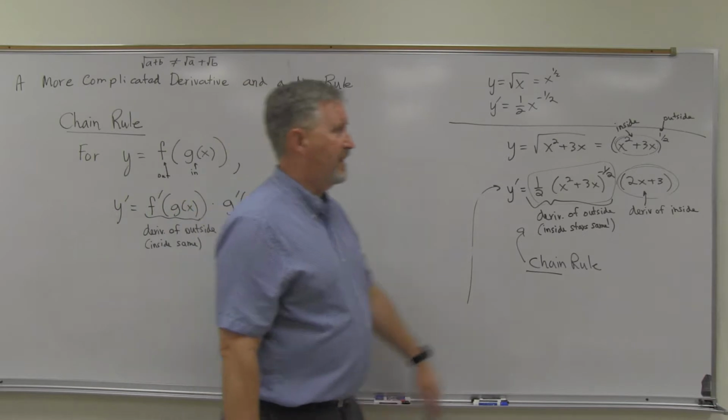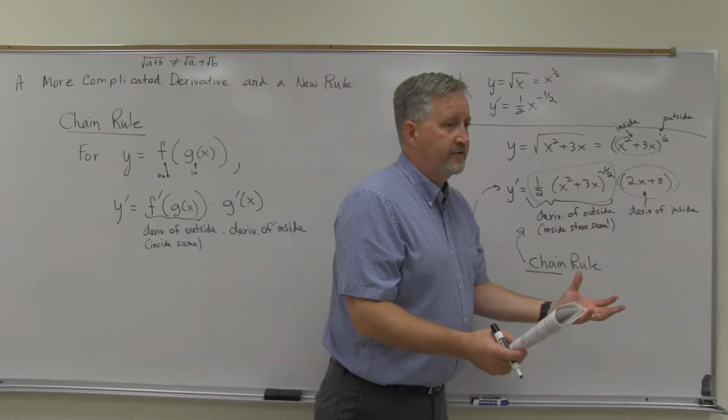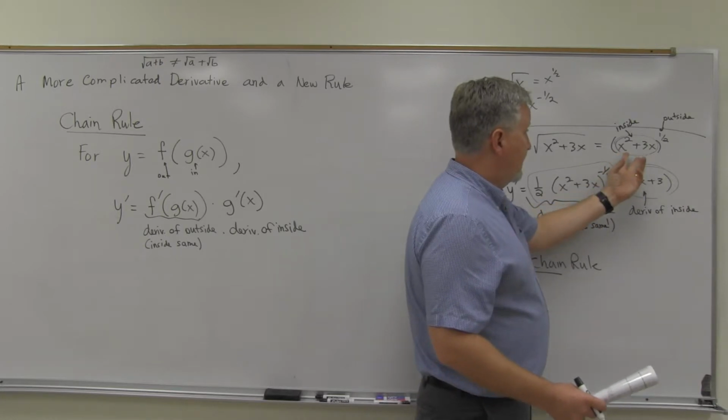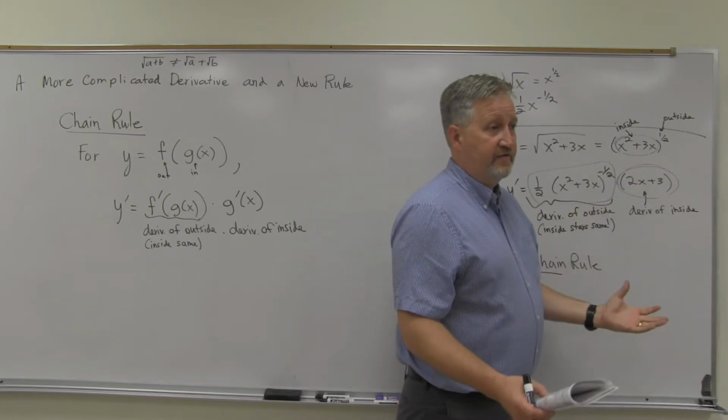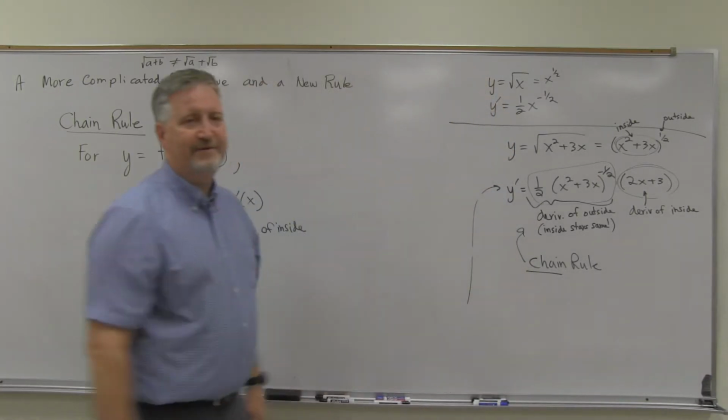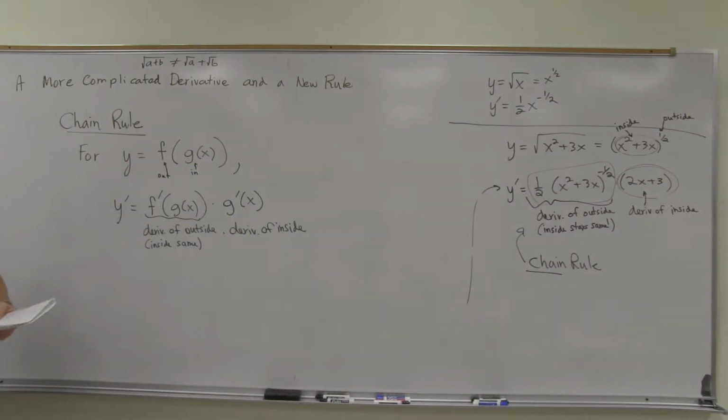Every operation I've got there, I've got to at some point do the derivative of it. I've got a 1/2 power, so I've got to do the derivative of that. On the inside, I've got x squared plus 3x, so I've got to do the derivative of that somehow, and this is how you do it. All right? Shall we try another?